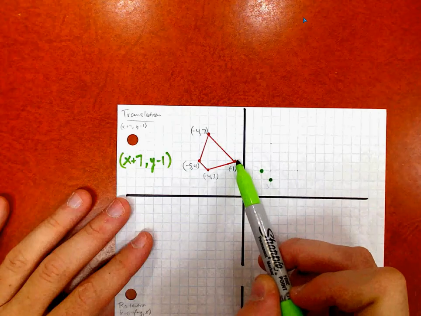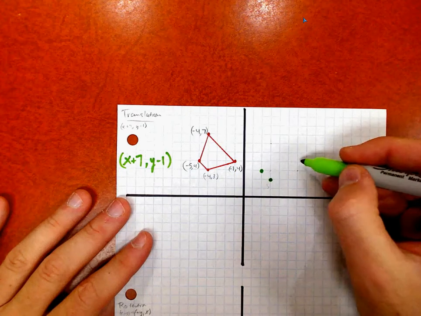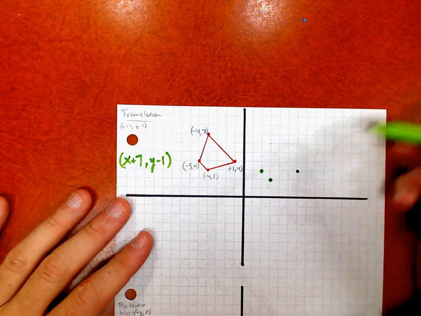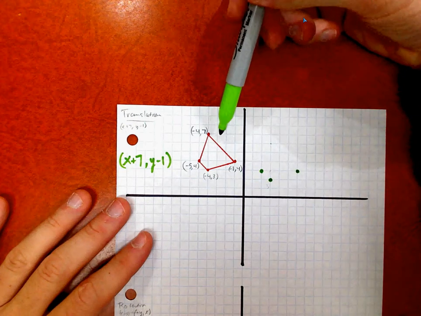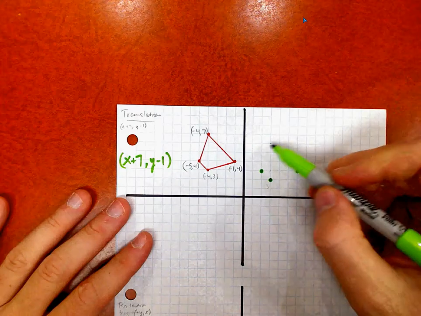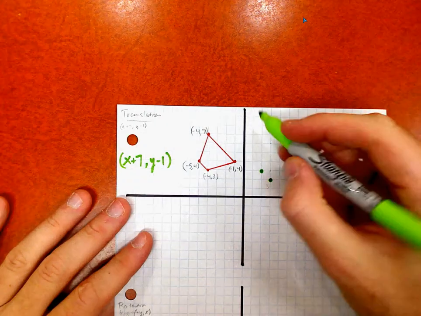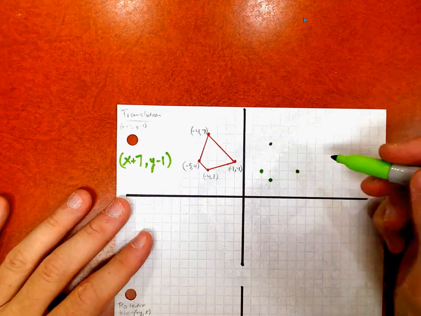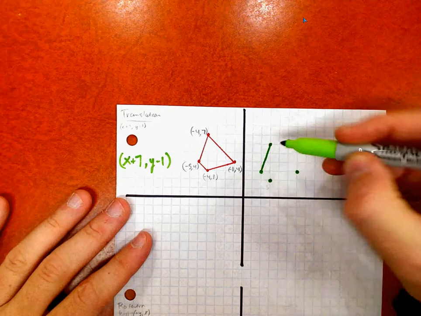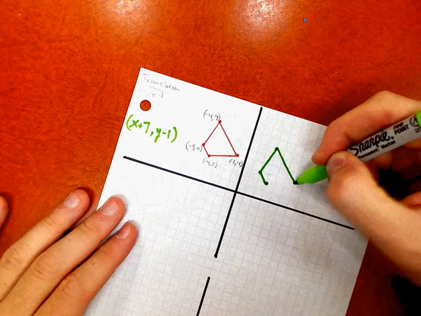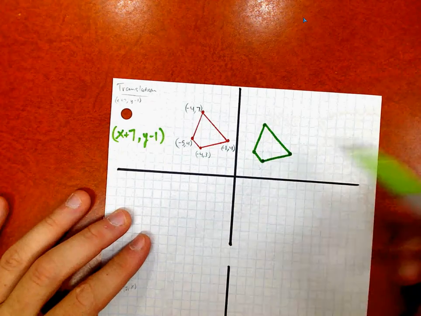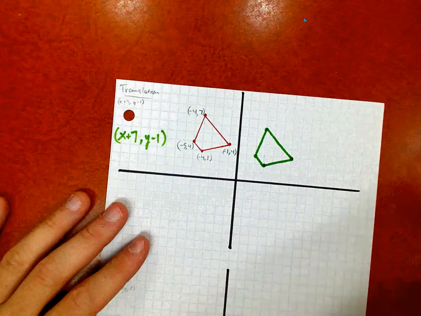Negative 1, 4 brings us to 6, 3. And when I slide negative 4, 7, it brings us over to 3, 6. And there's your translation.